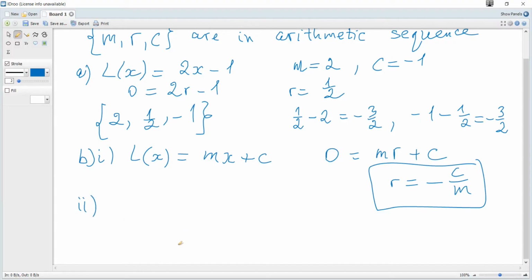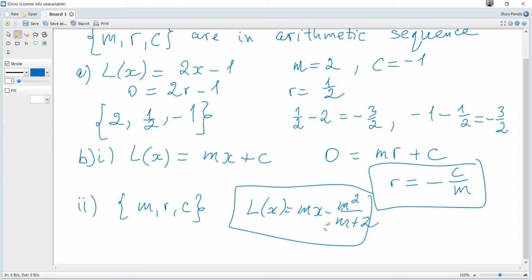Next, given that L of x is an AS linear function, it means m, r, c form an arithmetic sequence. Show that L of x is mx minus m squared over m plus 2 for m not equal to 0. So we need to show that this statement is true.